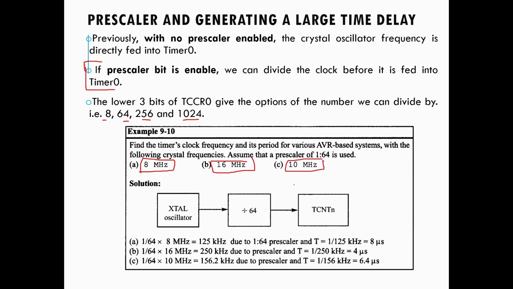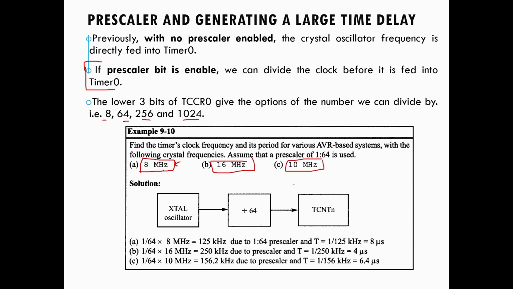For example, we want to use the prescaler of 1 to the ratio of 64. We divide 1 over 64, and then multiply it with 8 megahertz, because for question A, this is the original frequency, but we want to use the prescaler.